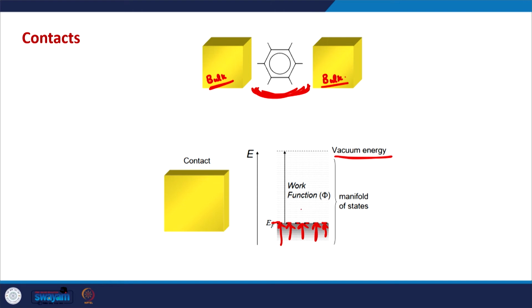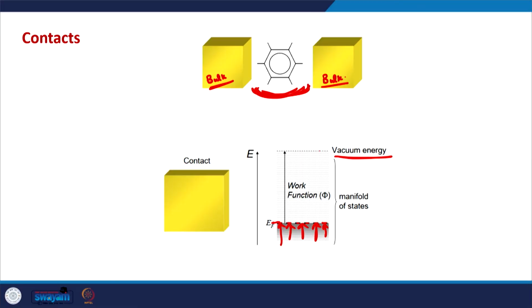That will also be the ionization potential of this metal in a way, because if this metal takes an extra electron in it, the energy that will be released will be this vacuum energy level minus the Fermi energy level, and this is known as the work function.